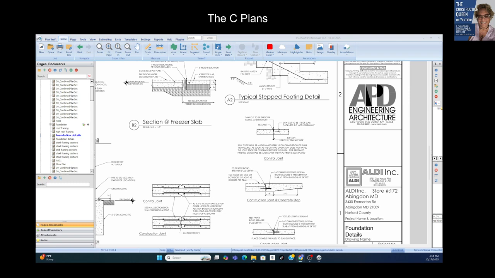Remember, a request for information is used to clarify unclear plans or even the specifications, or to clear up any conflicts. And in most cases, you only have a particular amount of time to submit that and to get your answer back. So it's important to follow all the directions, because if you do it too late, it's too bad.